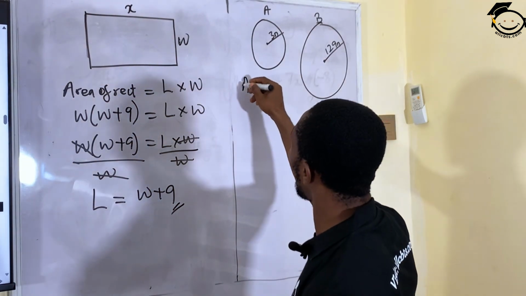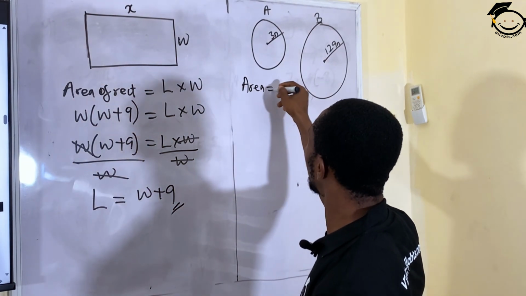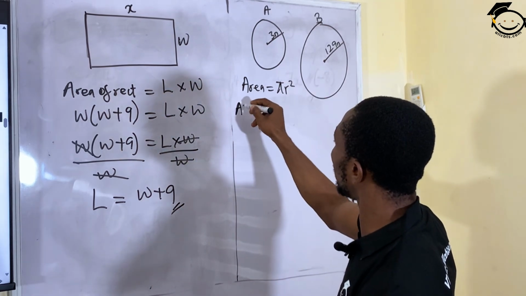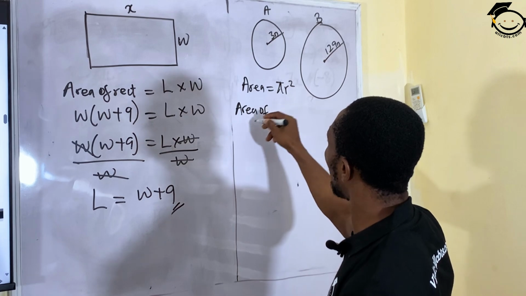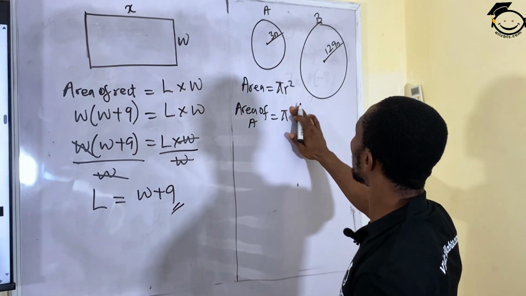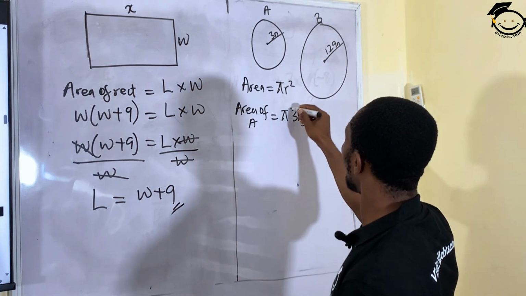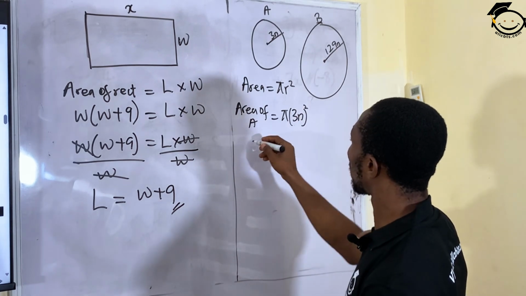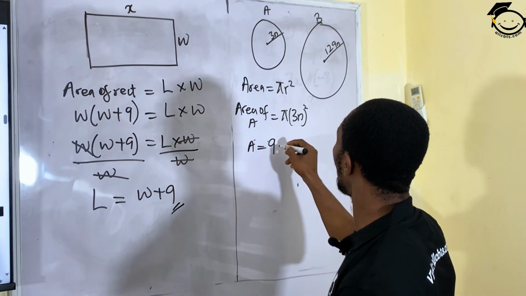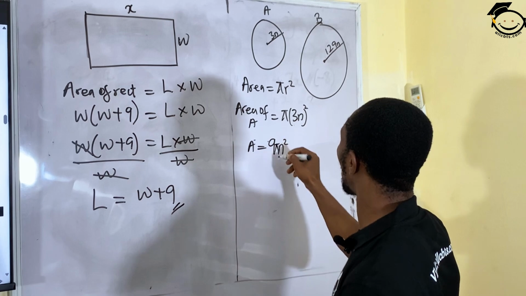We know that area of a cycle is pi r squared. So area of A will become pi r squared, where our r is 3n, which will now become A equals 9 pi n squared.